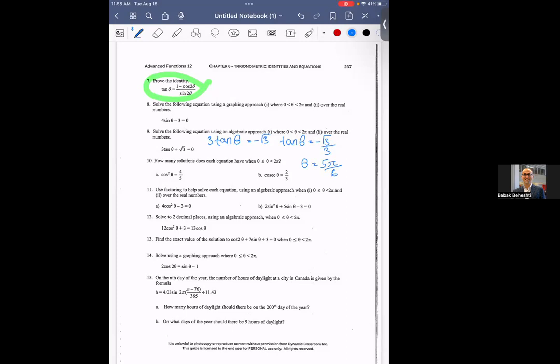Five pi over 6, because sine of 5 pi over 6 is 1/2 and cosine of 5 pi over 6 is minus root 3/2. When you divide, you get minus root 3 over 3. Now, this is the answer between 0 and 2 pi. That is the first part. For the second part, there are infinitely many other solutions. What are the other solutions?